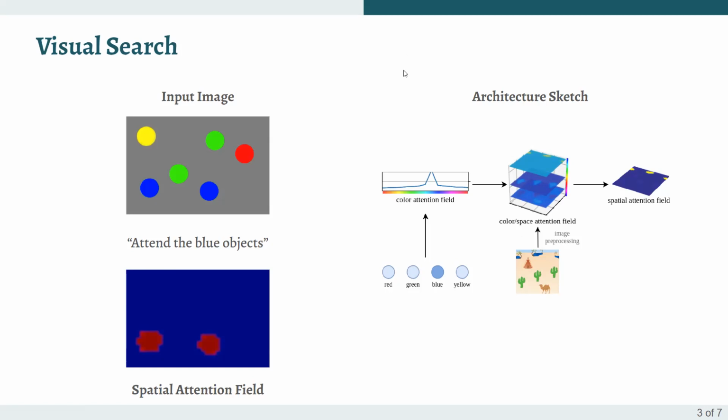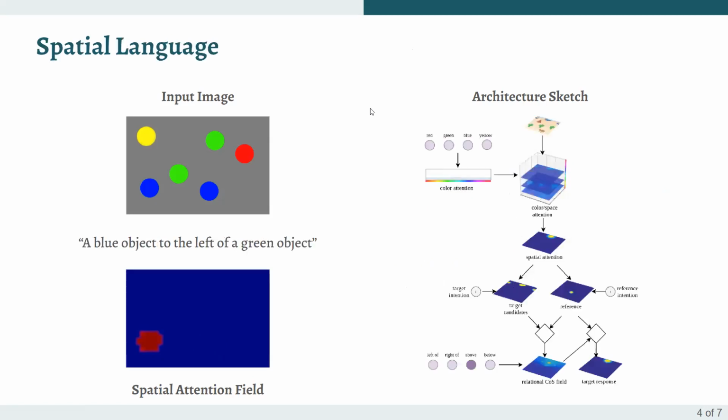If you then are interested in extending this visual search and you want to ask the architecture more difficult questions, for example, ones that use relational phrases, then the spatial language project might be the one where you want to extend your visual search architecture.